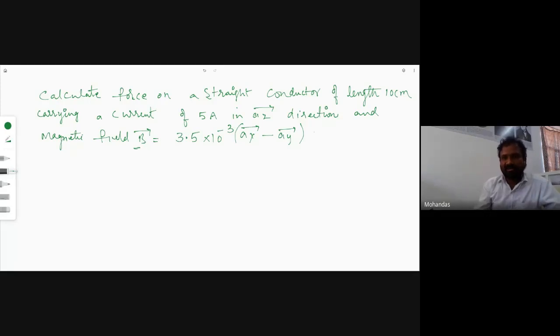What is the other unit? Webers per meter square. Where AX and AY are the unit vectors.